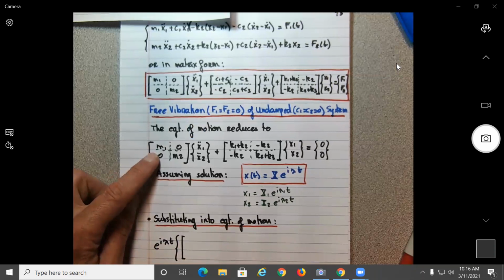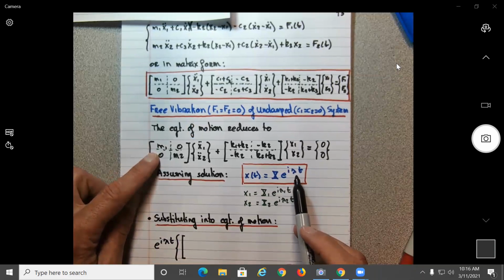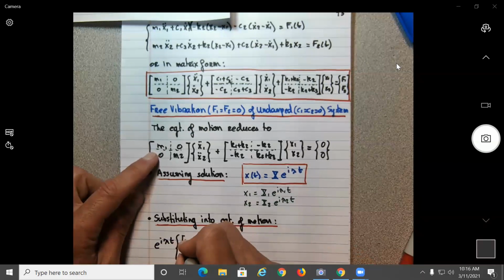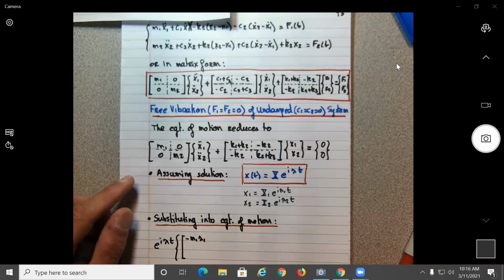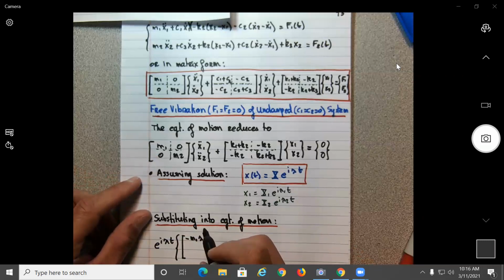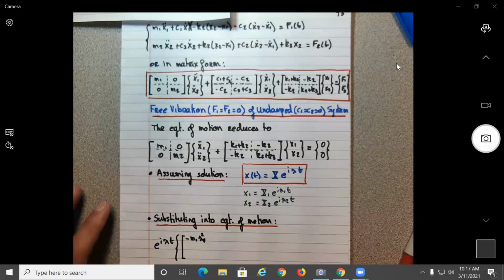This one takes twice the derivative, so it should be in function of lambda squared, no? Correct? And it should be minus because i squared equals minus 1. Yeah? Okay, so then we're going to have here minus M1 lambda squared, no lambda 1. Forget about the lambda 1 here.